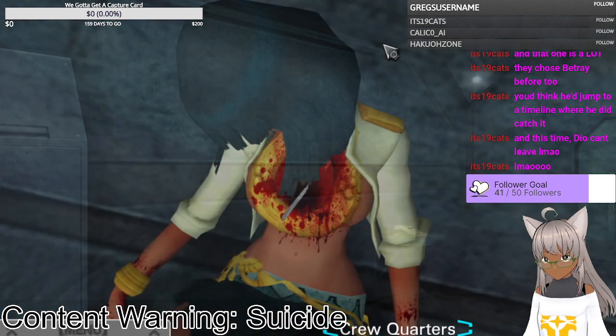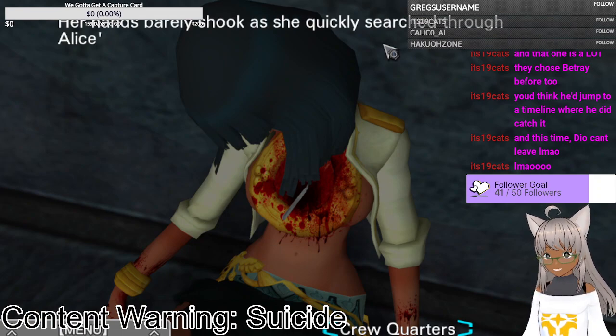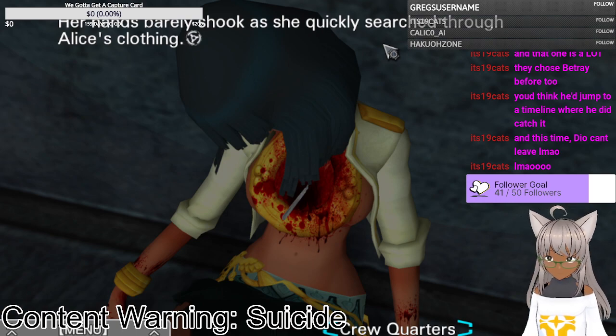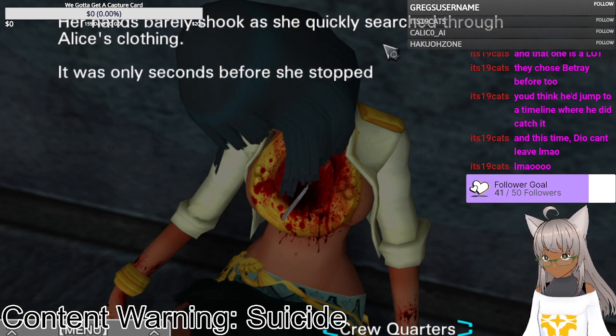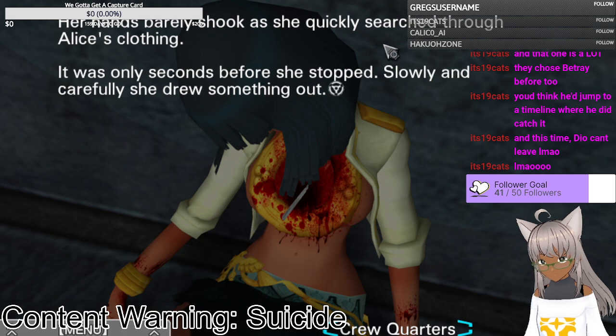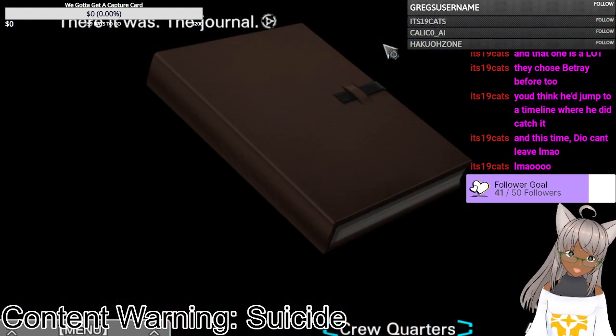Sure. Her hand barely shook as she quickly searched through Alice's clothing. I mean, there's not much of it. It was only seconds before she stopped. Again, because there's not much of it. There it was. The journal.